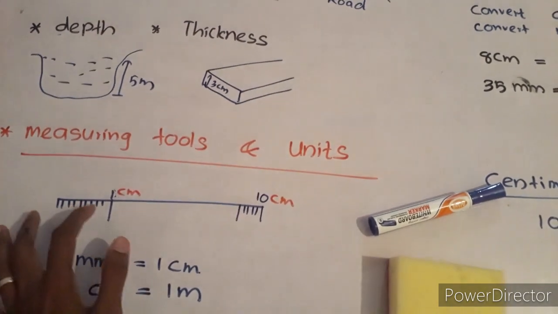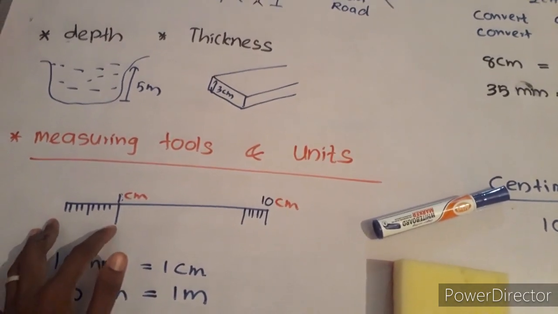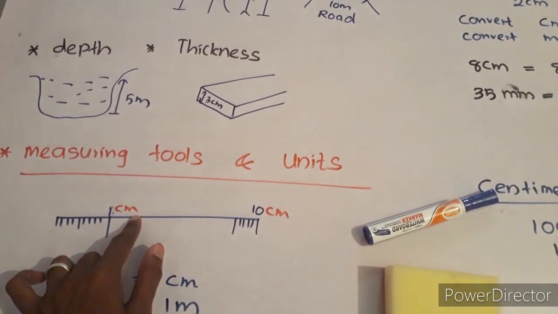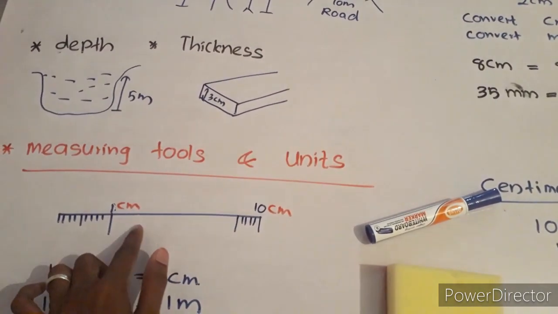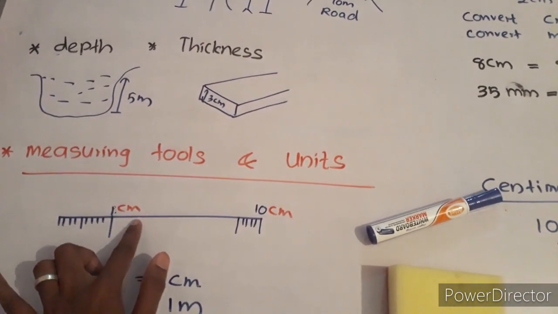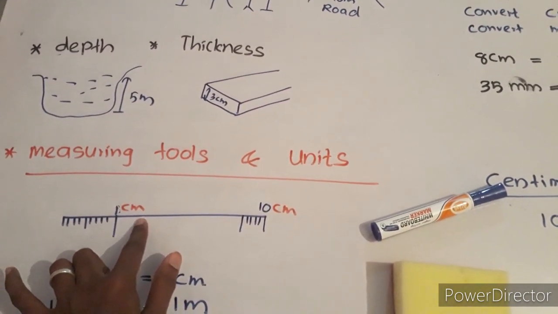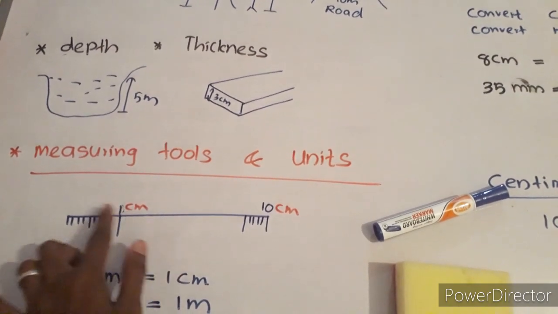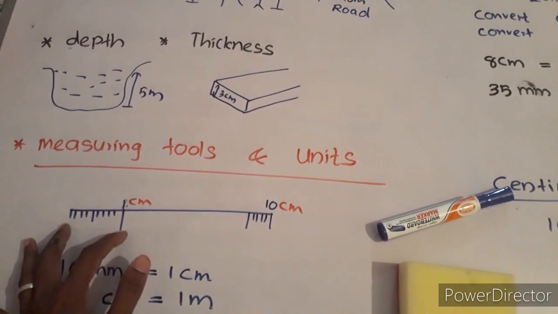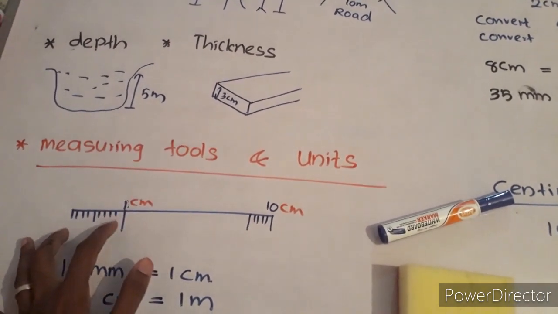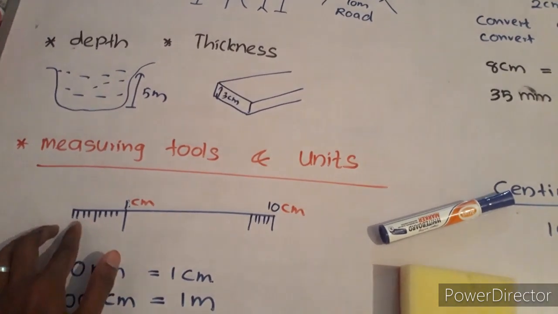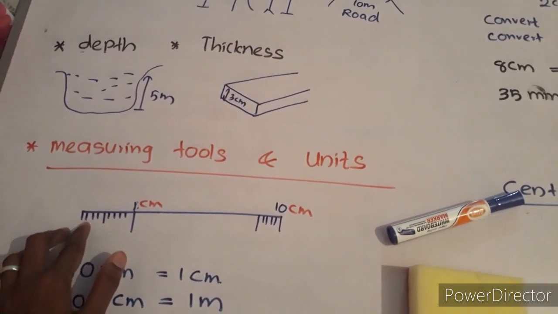The ruler has 10 parts. You have seen there is the letters CM and maybe some MM letters you have seen. So one we call cm, a centimeter. Your ruler has the units of centimeter. You have seen it divided into 10 parts. The smaller part we say millimeter.